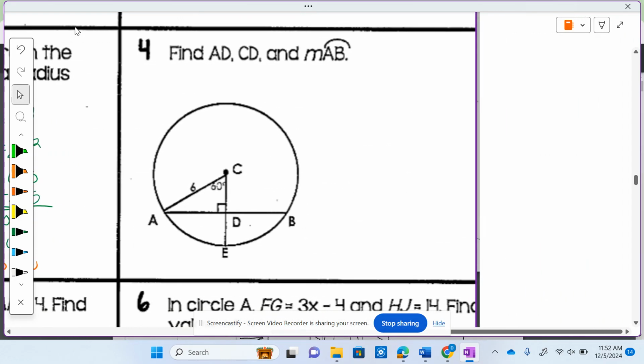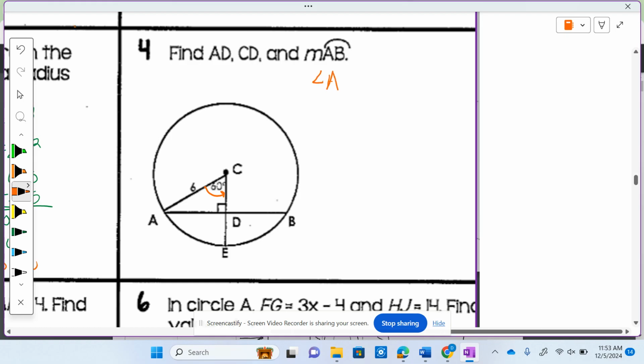So we have to find the measure of AD, CD, and the measure of arc AB. All right. So let's just talk about what kind of angle this is. What is the name of that angle? The vertex is at the center of the circle. Yeah. So let's write that down.